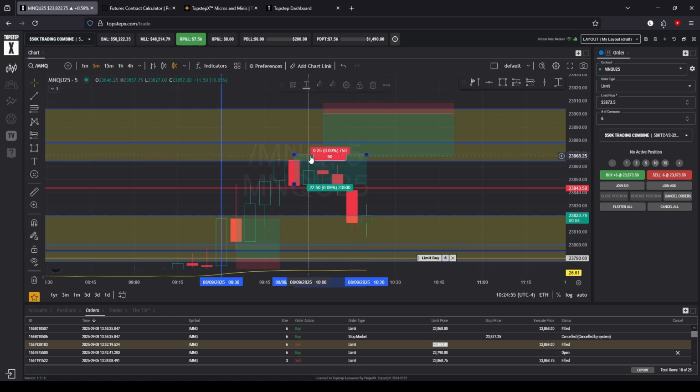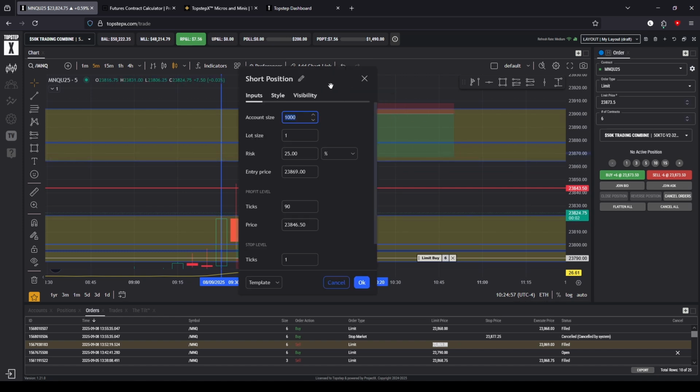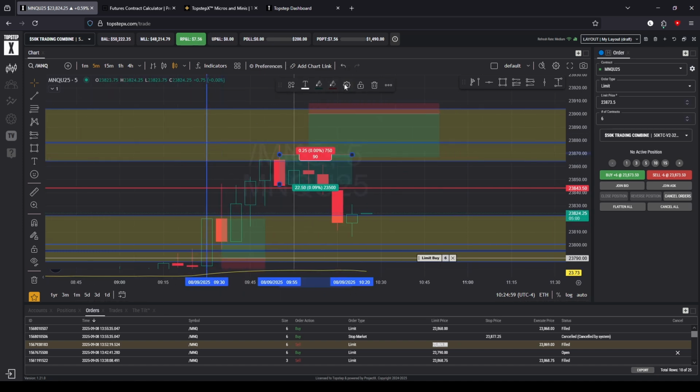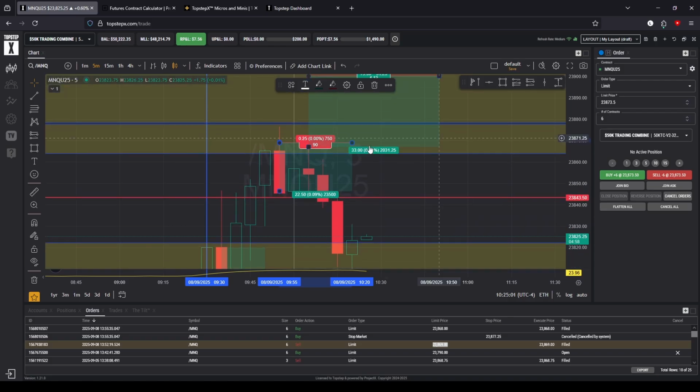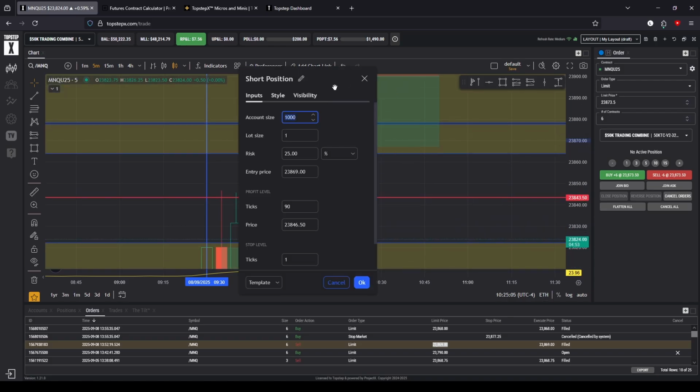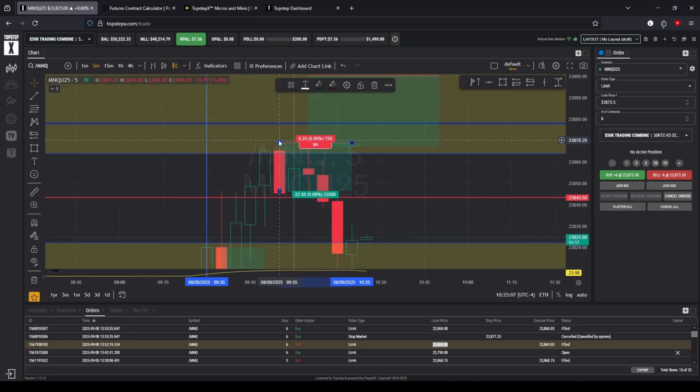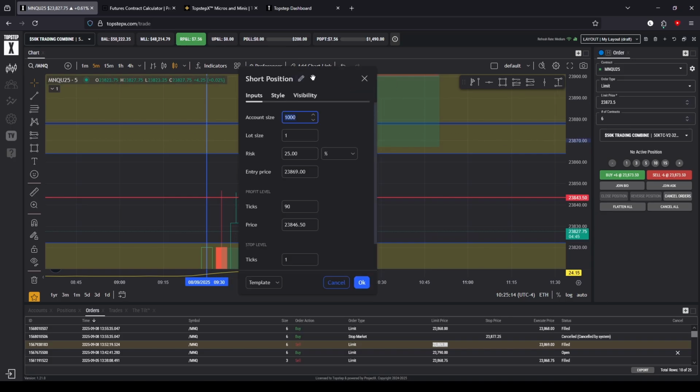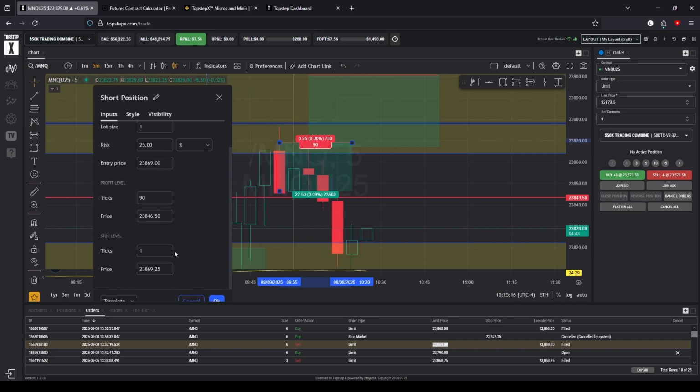Okay, so I had my stop loss all the way up here, but for some reason it stopped me out right there. I don't know why. Or at least it should have been up here. I had my automatic stop loss set to like $200 or $100.